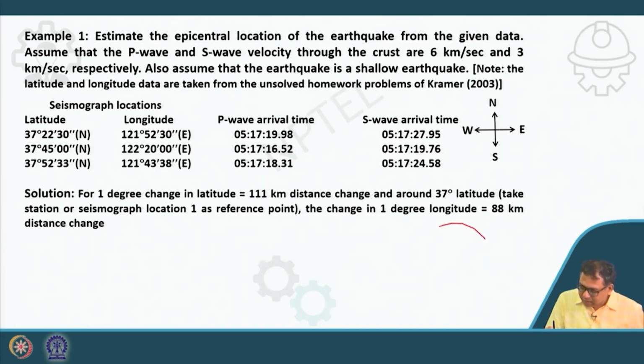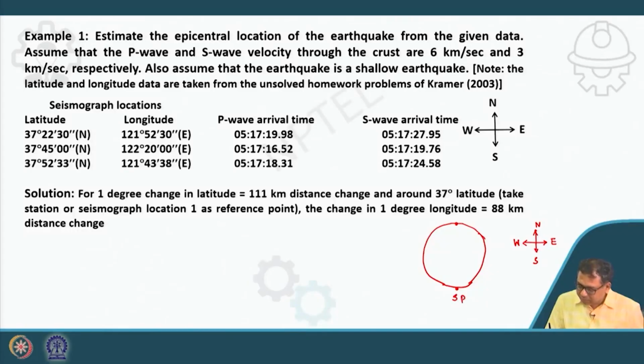So if I draw the earth, this is the earth, and this is the north direction, this is north-south, and this is east and west. That means this will be your north pole and this will be your south pole.